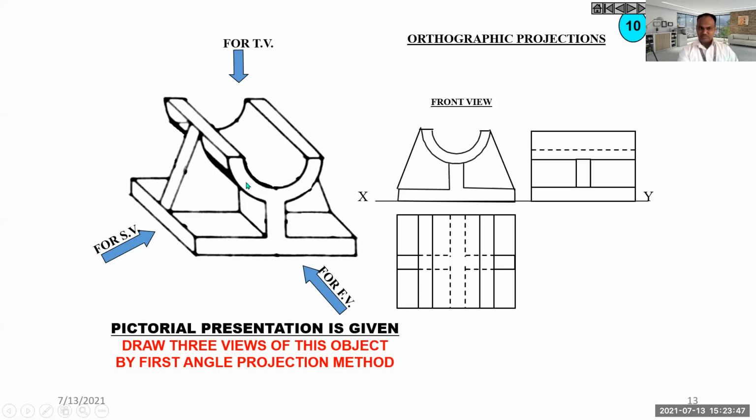These two edges will be seen as rectangular edges, and the rib which is hidden will be shown like a dotted line. What will not be visible from above will be a dotted line. Similarly, for side view again, this portion, this internal radius will be shown as a dotted line.